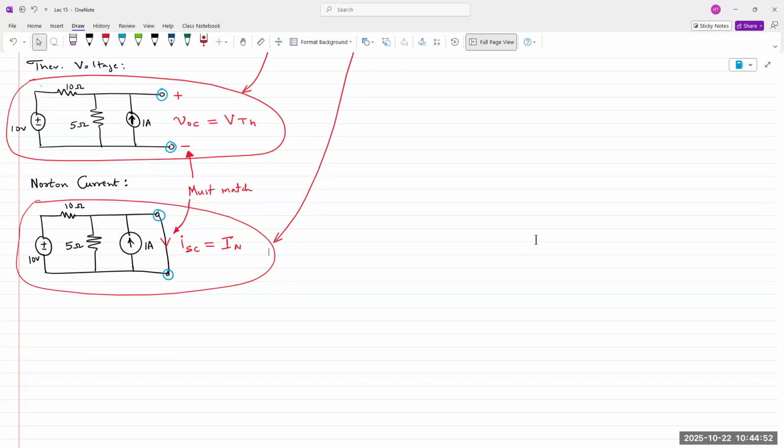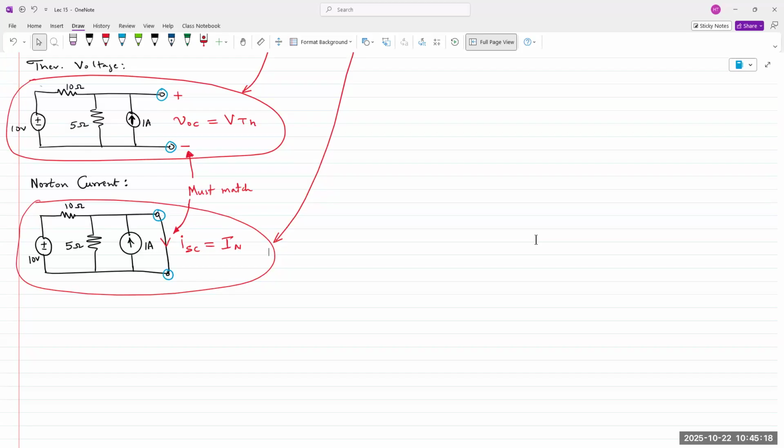How has the circuit changed? We have a short circuit wire that is in parallel with the current source. It is in parallel with the 5 ohm resistor. Effectively, if you have resistors in parallel with a short circuit wire, that resistor is removed from the circuit.